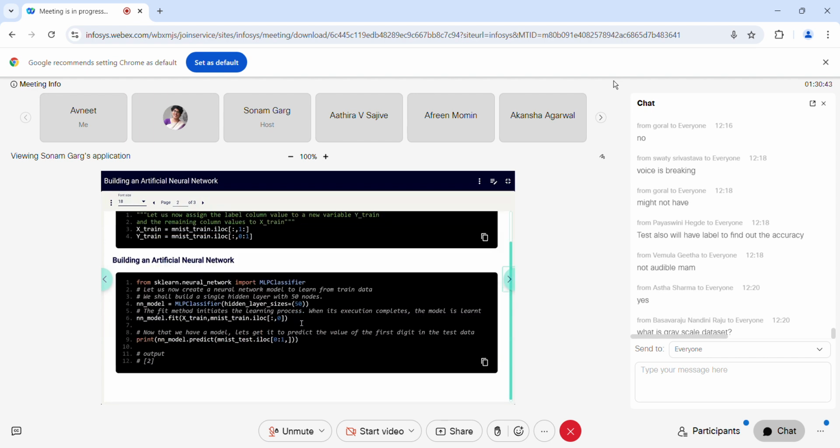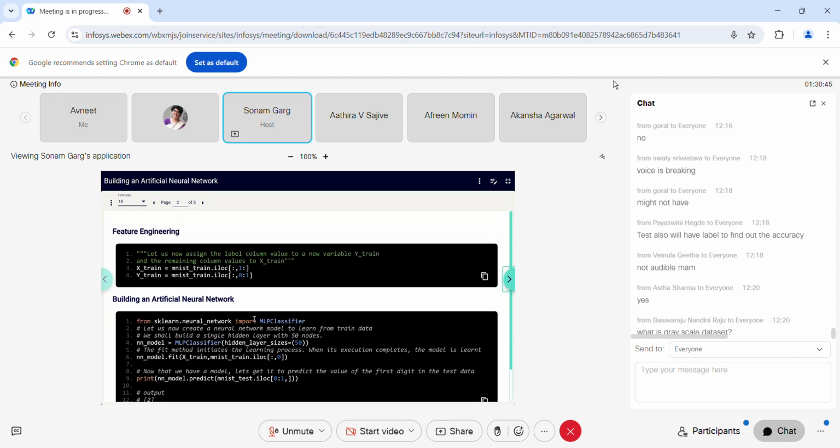Let's build the artificial neural network. The ANN algorithm which we are using here is MLP classifier. MLP classifier is multi-layer perceptron classifier. Perceptron is a very basic single layer neural network.